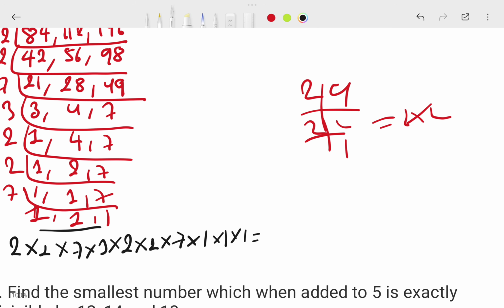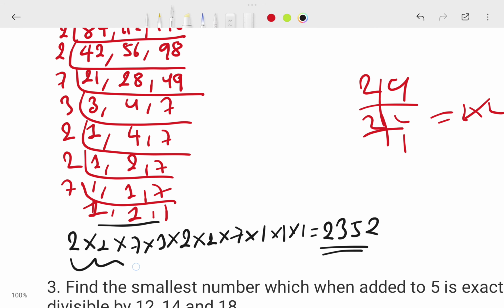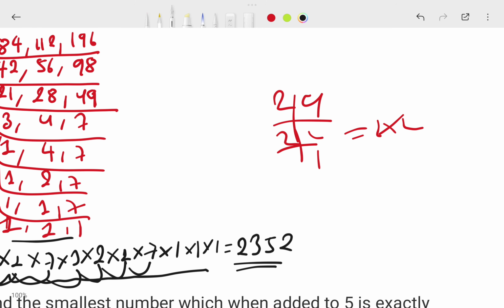If you multiply this, your answer will be 2352. 2 into 4, 4 7s are 28, 28 3s are 84, and so on. If you multiply, your answer will be 2352.